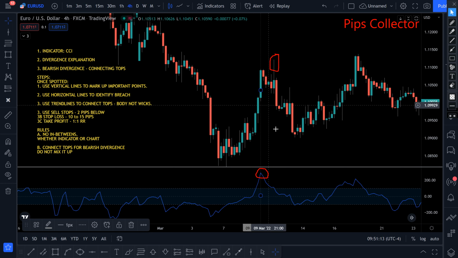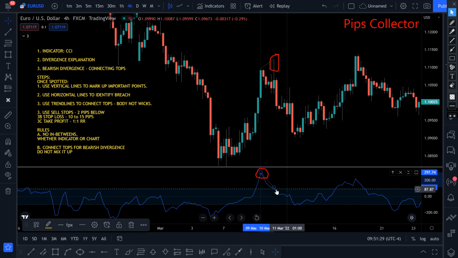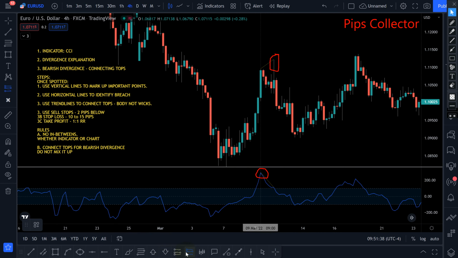If you choose this as the next position because you are connecting, remember what I said, you're connecting body to wick. You come here, connect this to this because as you can see, it's divergence. Chart is going up, price is coming down. You connect like this. This is why I say you don't connect wicks, you connect body to body.